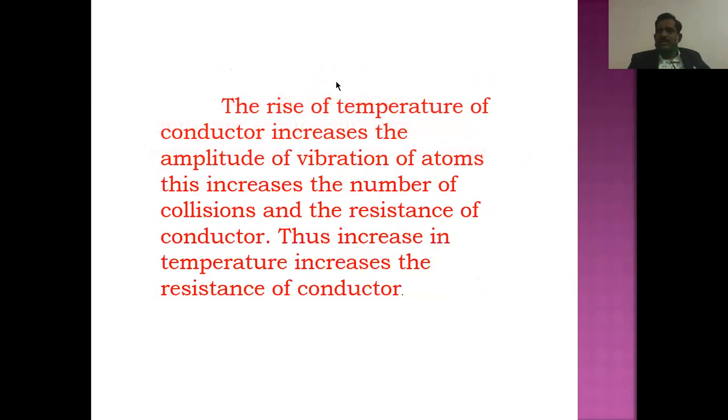Means when we increase the temperature of the wire or conductor, then the resistance of that wire increases, because vibrations of the atoms increase, and due to these vibrations, collisions of the electrons with the atoms also increase. When collisions increase, then electrons which are traveling in one direction are stopped by atoms. That is called opposition. So mainly, increasing the temperature increases the resistance.